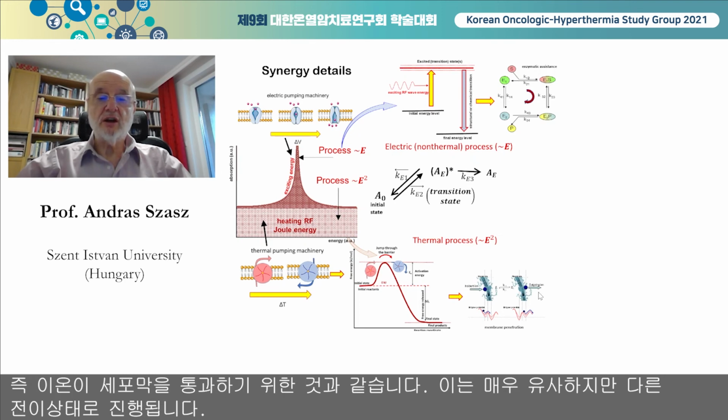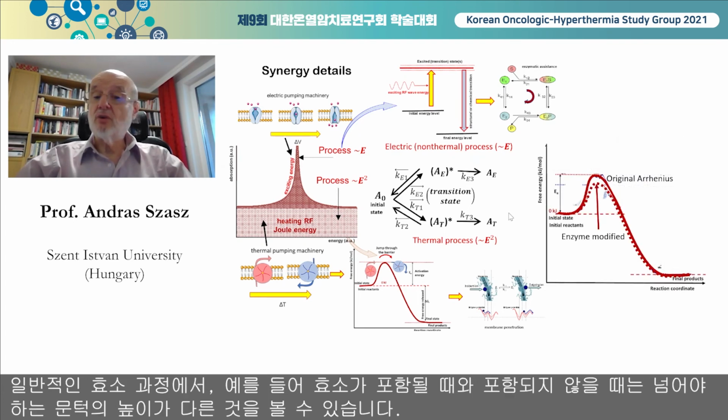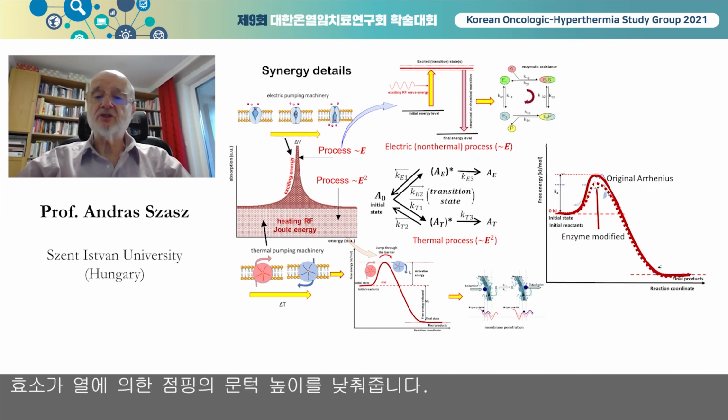It makes a very similar line, but with a different transition state and a different end state. When we have normal enzymatic processes, then, let's say, without enzyme and with enzyme, we have different barriers, because the enzyme lowers the barrier of the thermal jumping. So it is a chemical lowering of the thermal effect.